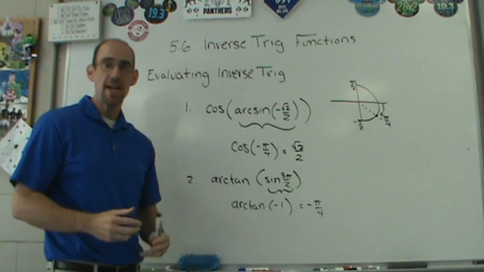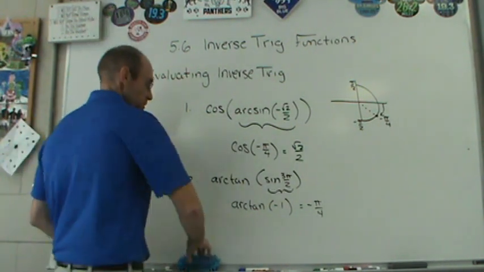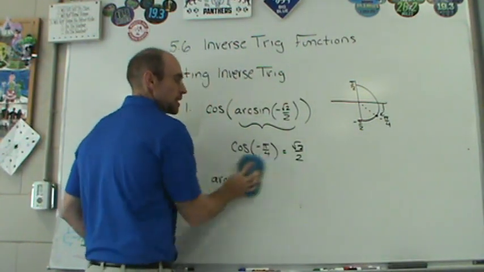Now, they don't always have to come from the unit circle. Okay, in fact, we don't even have to use numbers sometimes. So let's take a look at some other types of problems that we could see.